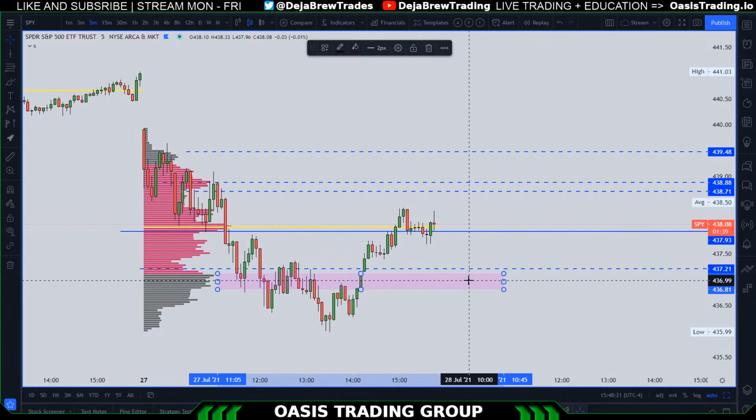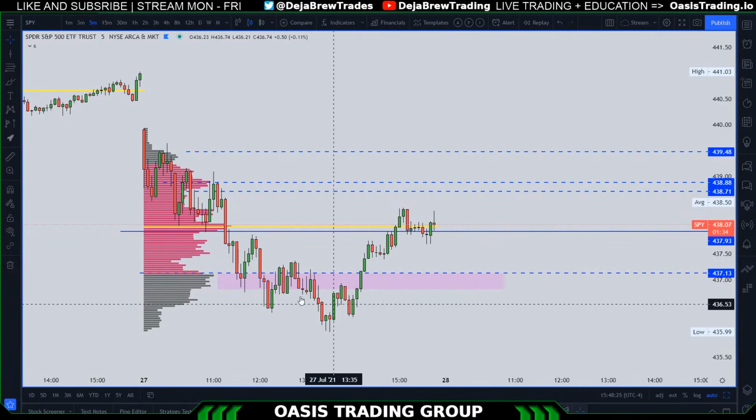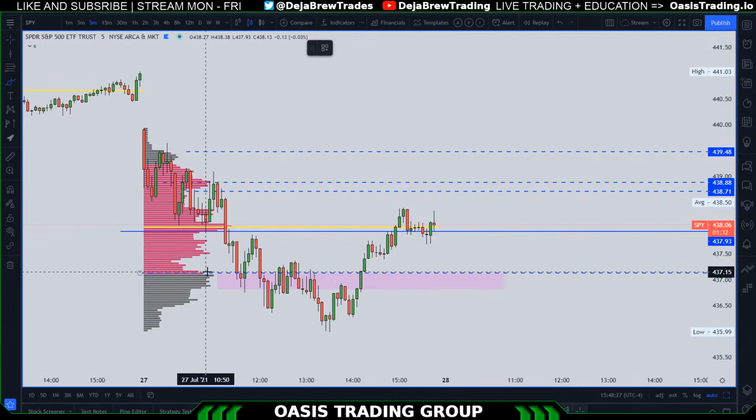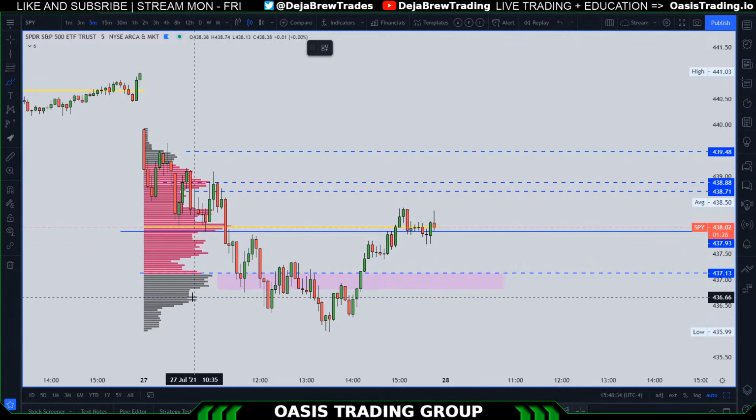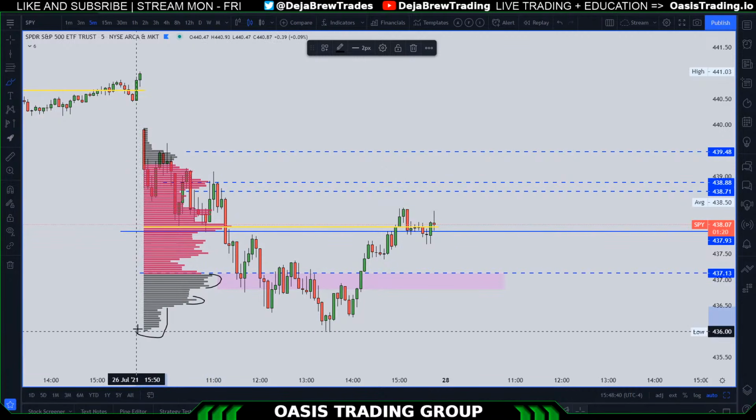If price were to come down here and break the value area low, which is actually right there, you want to pay attention to the support nodes outside of your value area. So like the tail, right? So we have a little support node here, and then we have a big one here. And then basically that's our tail.